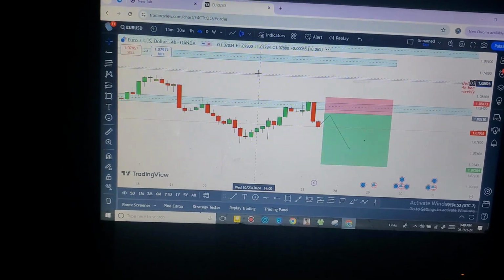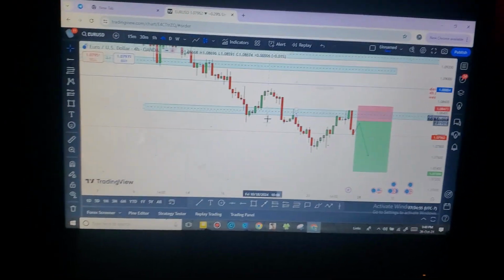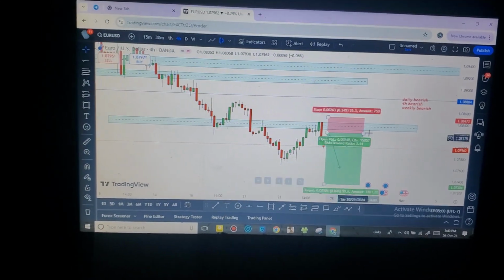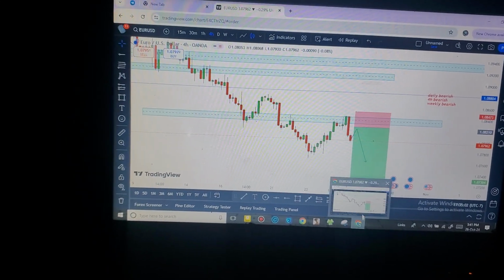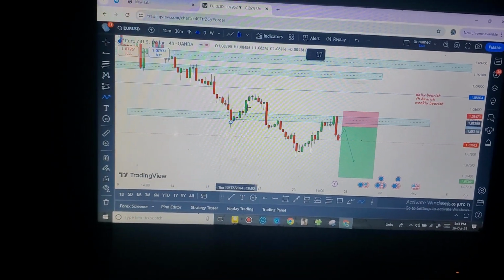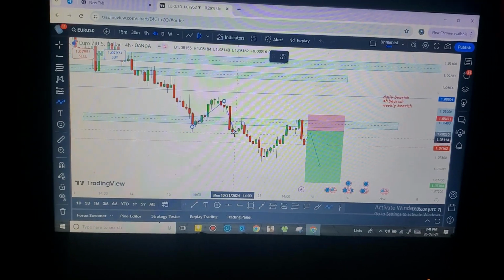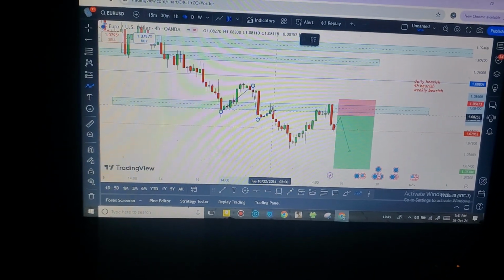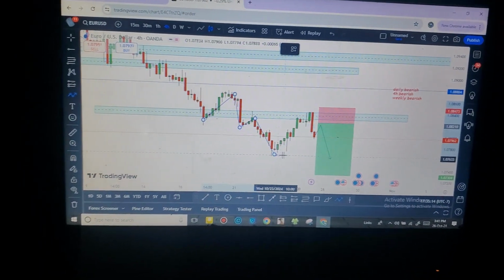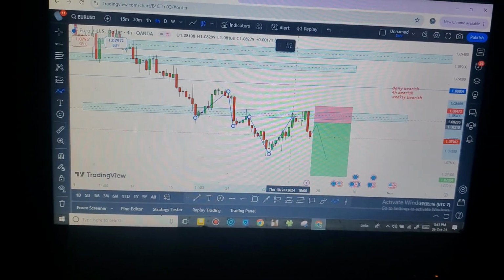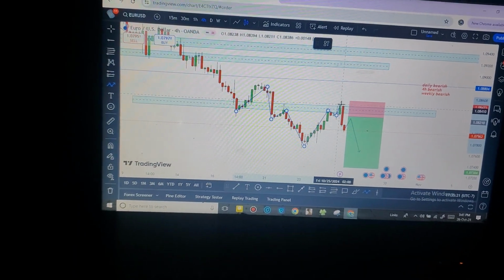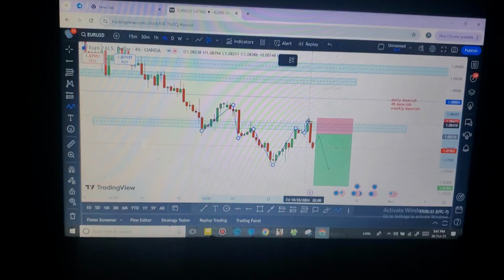If I come down here, you're going to notice that the 4-hour needs to be bearish. If I read it the same way, you will see this is our new lower low, and then we had a retest to sell against our new lower low again. Now approximately we came back up here, that means our 4-hour turned bullish.